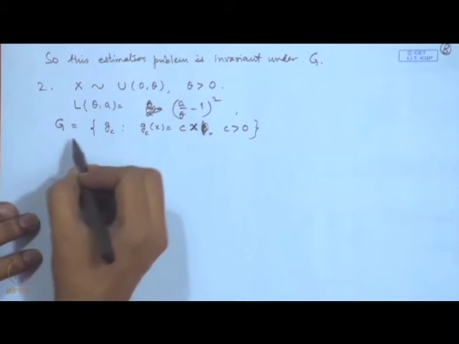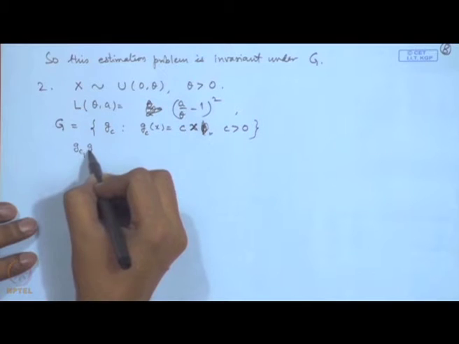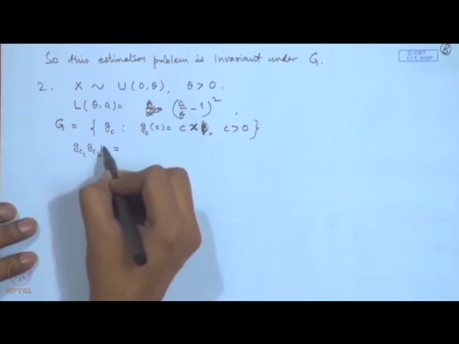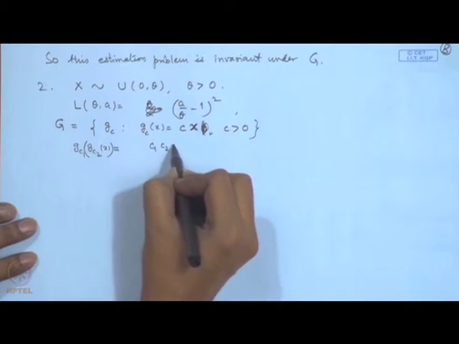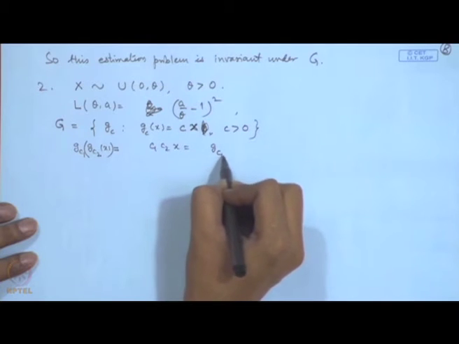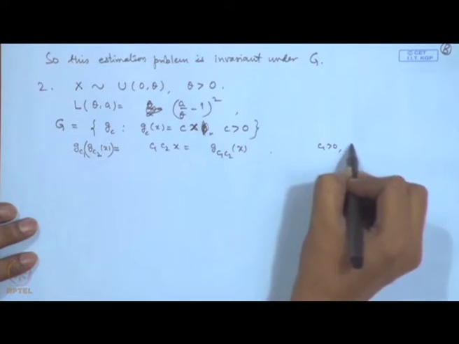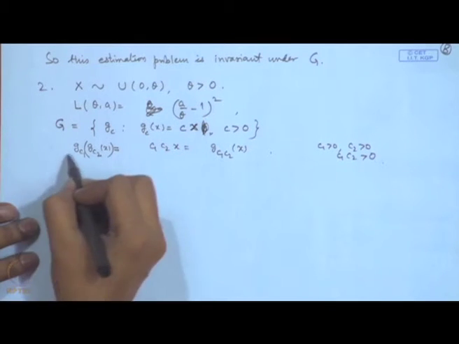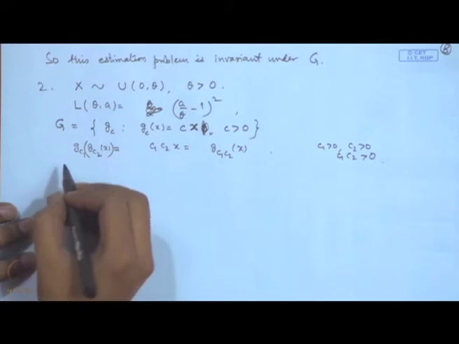If you consider the composition g_c1 of g_c2, then that is equal to c1 of c2 of x, that is g_(c1 c2) of x. And if c1 is positive, c2 is positive, then c1 c2 is also positive. So, it is closed under the composition.